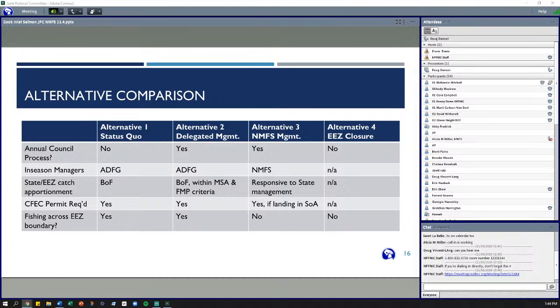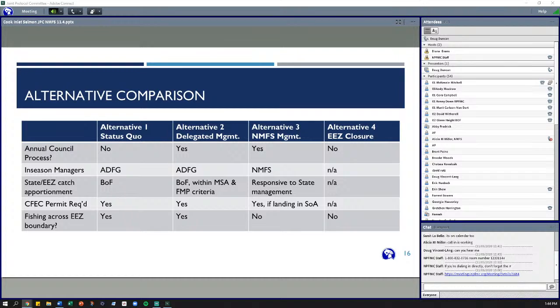And continuing on, just noting the entity responsible for in-season management under each alternative. For alternative 2, that would be the Alaska Department of Fish and Game. Alternative 3, NMFS. And alternative 4, not applicable, obviously. For catch apportionment between the EEZ and state waters, right now this is handled by the Board of Fisheries.